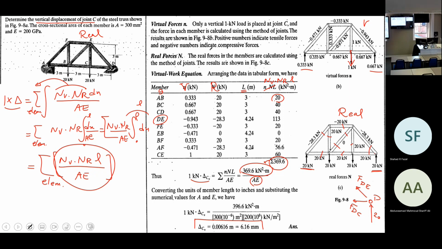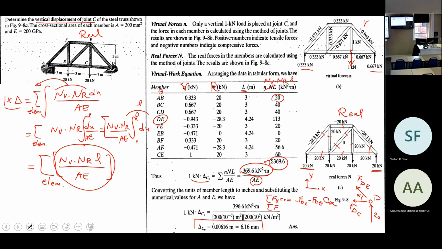Summation Fx should be 0, where this is x and this is y: minus F_DC minus F_DE cosine alpha equals 0.